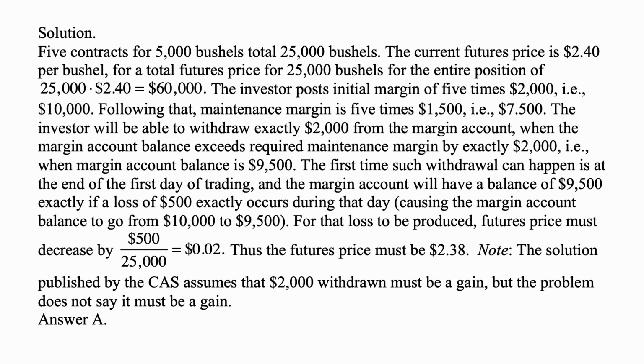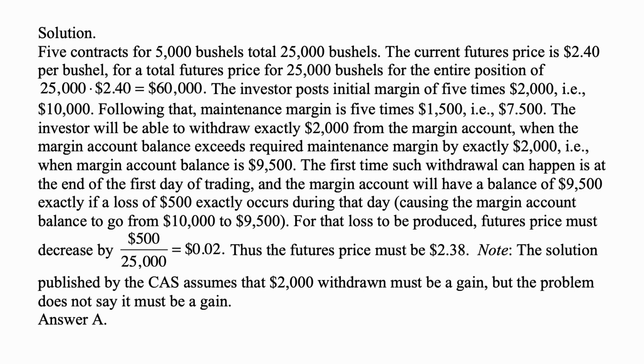The first time such withdrawal can happen is at the end of the first day of trading, and the margin account will have a balance of 9,500 exactly if a loss of 500 exactly occurs during that day, causing the margin account balance to go from 10,000 initial balance to 9,500. For that loss to be produced, the futures price must decrease by 500 divided by 25,000, so 2 cents. Thus, the futures price must be 2.38.